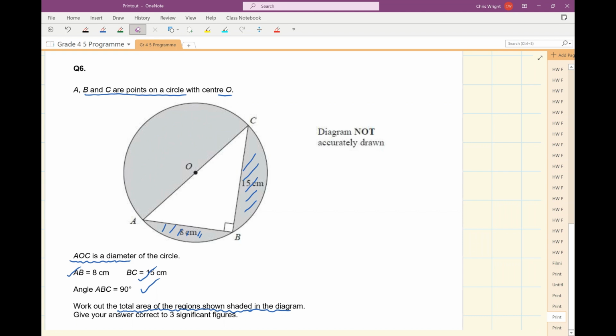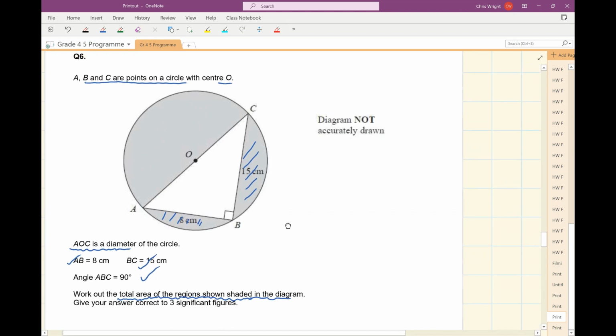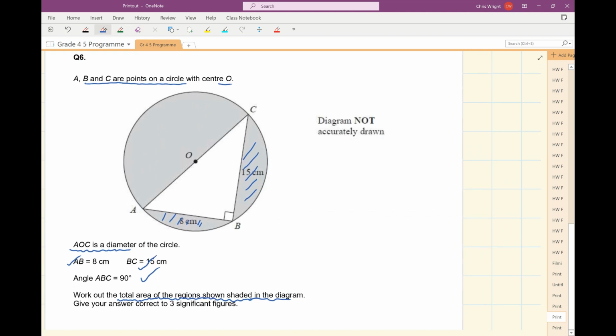So I'm wondering what it wants me to do. Oh, no, wait a minute. How about if I worked out the area of the whole circle and then I subtracted away the area of that triangle? Then I'd be left just with the shaded areas. So that's what I'm going to do.